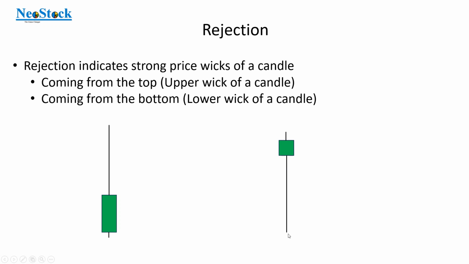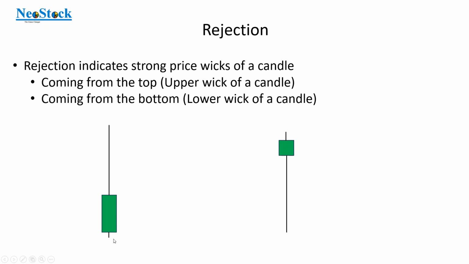That way we got a strong price wick in both these candles. One is the upper wick and another is the lower wick, and these wicks look very strong. Even at the bottom of the first candle we have a wick, and here also we have a wick. Why are we not talking about the lower wick of this candle, or the upper wick of this candle?